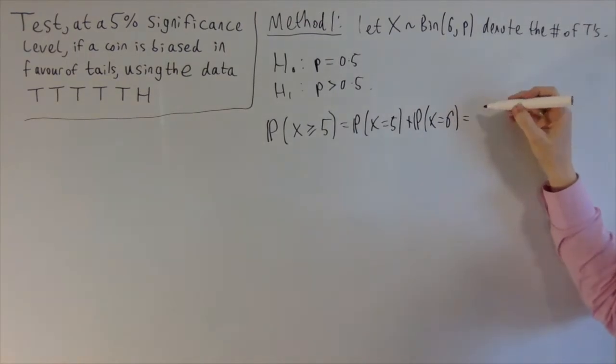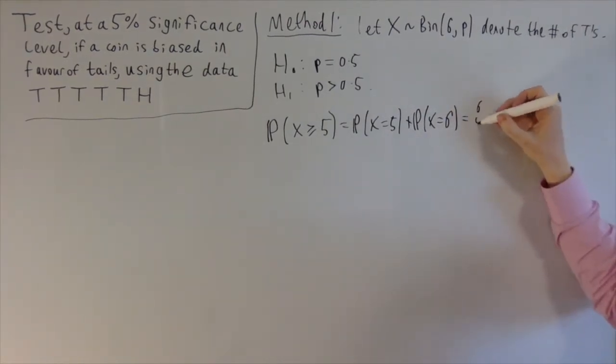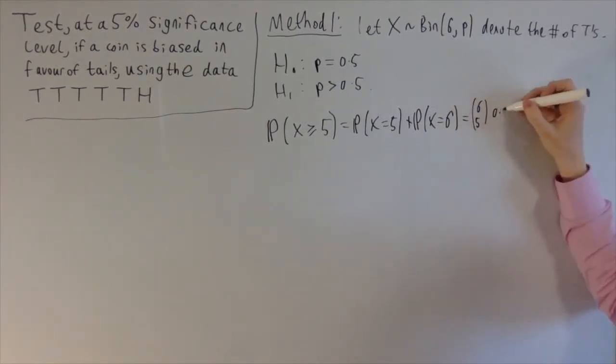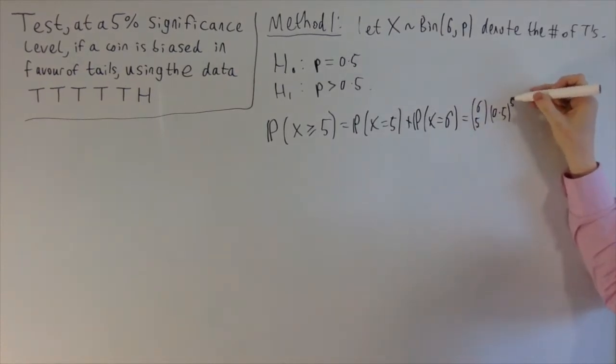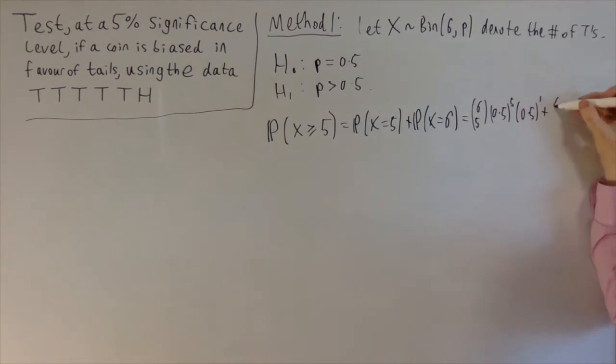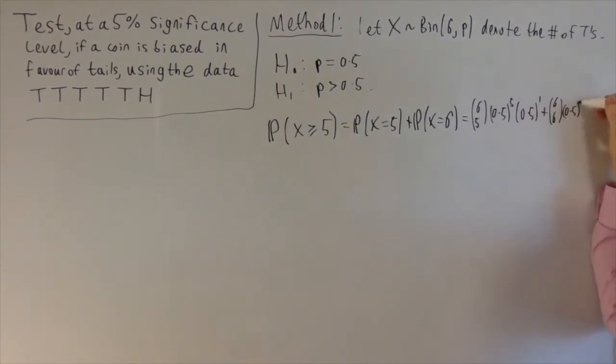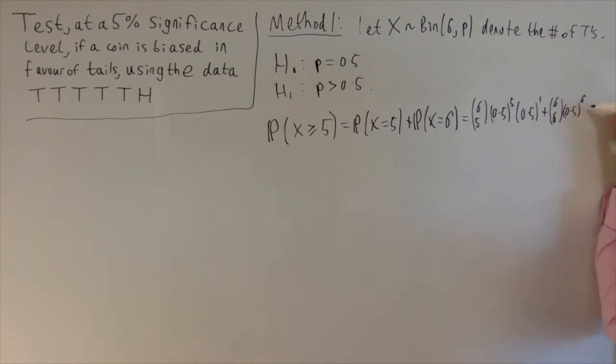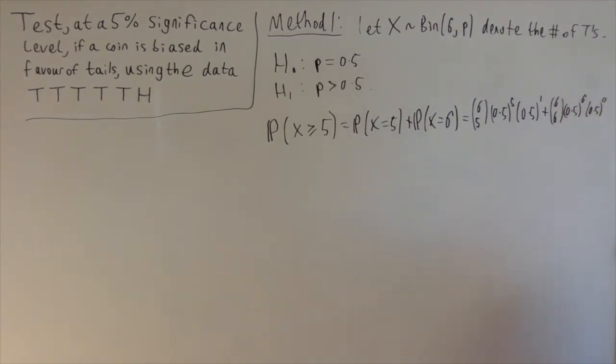You can write this out with your formula or use a calculator: 6 choose 5, times a half to the power of 5, times a half to the power of 6 minus 5, which is 1, plus 6 choose 6, times 0.5 to the power of 6, times 0.5 to the power of 6 minus 6, which is to the power of 0, giving you 1.